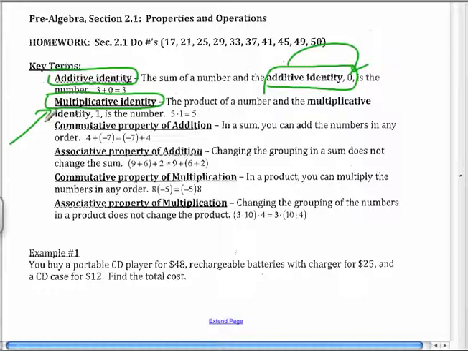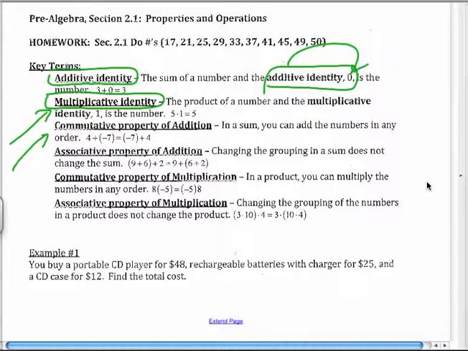Okay? All right. Next up, commutative property of addition. In a sum, you can add the numbers in any order and you still get the same result. Okay? The associative property of addition means that it doesn't matter how we group the numbers, we're still going to get the same result. Okay?